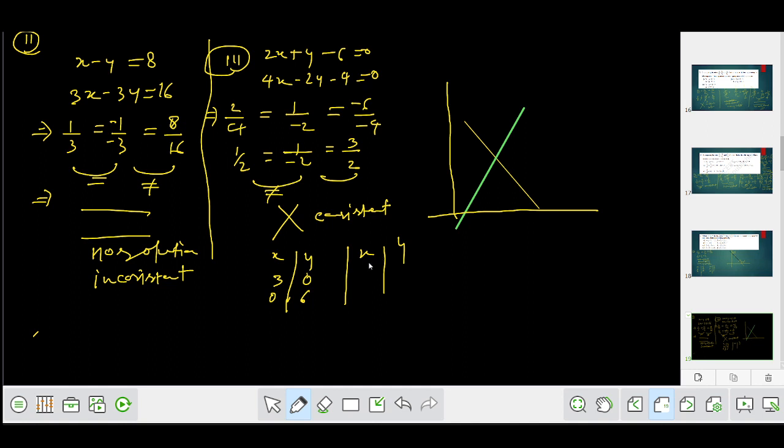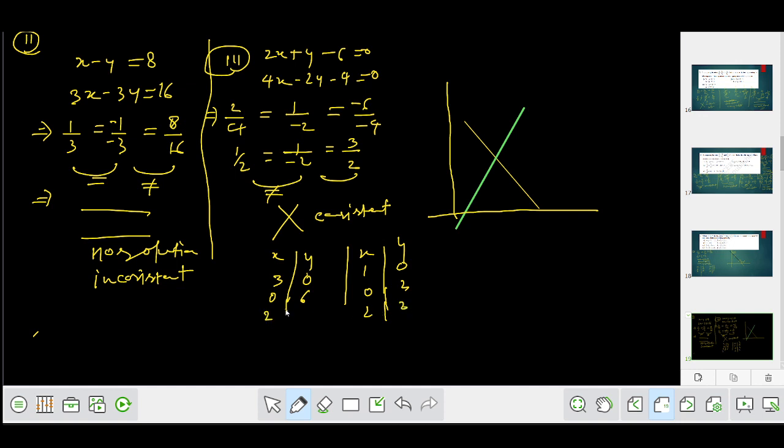In the same way, we put y equal to 0, x will be 1, and with x equal to 0, we get y equal to 2.